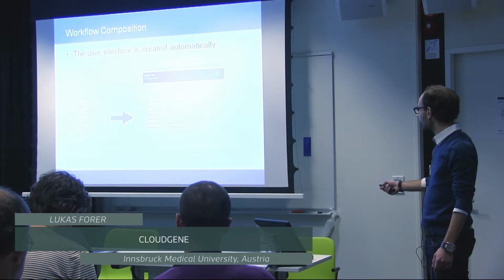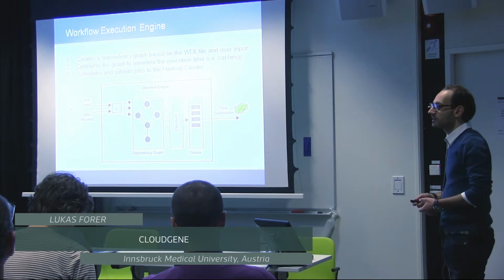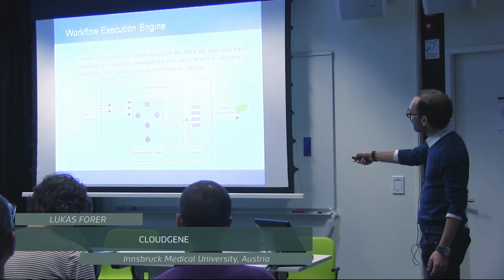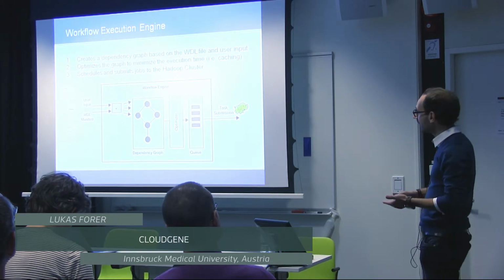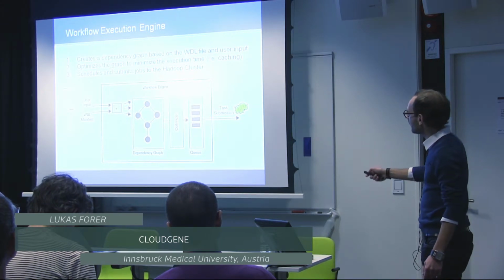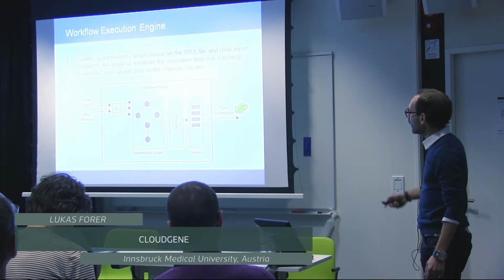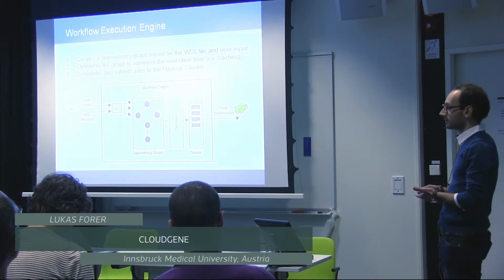And then when the user clicks on finish, the workflow execution engine comes into play. We have the user input, and we have our manifest file which defines the steps of the workflow. Based on both inputs, we create a dependency graph, and then we optimize this dependency graph in order to minimize the execution time.